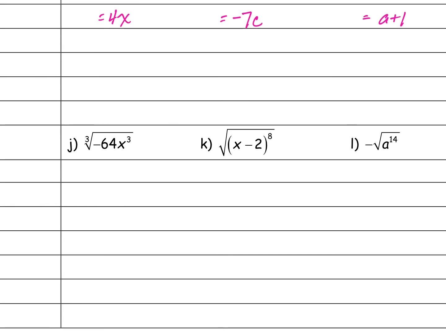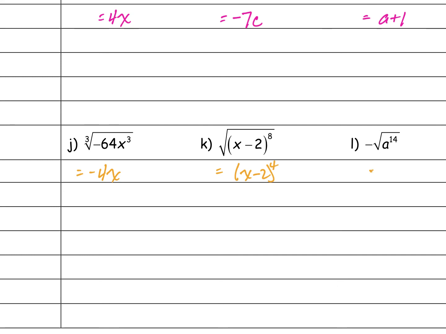J should be the third root of negative 64 is negative 4x, so that should be negative 4x. And then the square root of x minus 2 to the 8 should be x minus 2 to the 4th. No need to multiply that out, although JJ, good job.